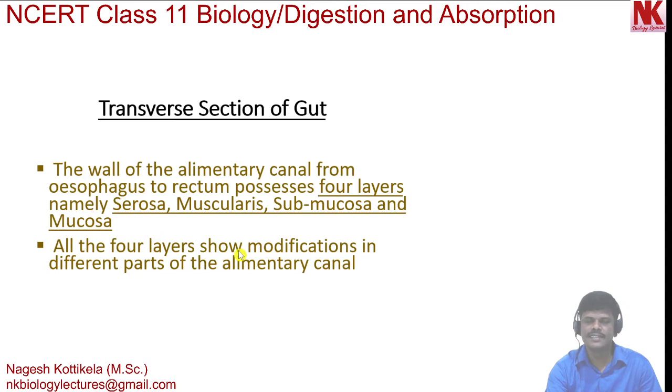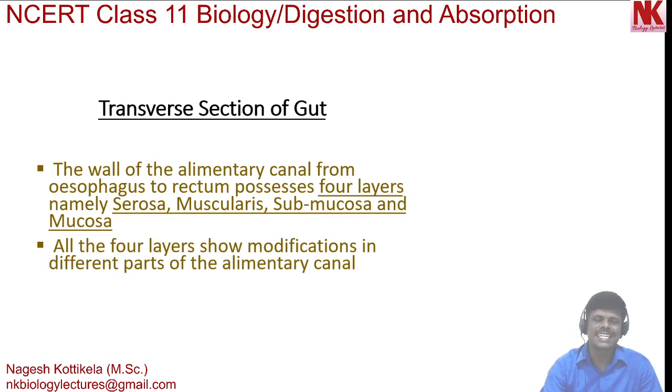All the 4 layers show modifications in different parts of the alimentary canal. These modifications are helpful in the process of digestion of complex food materials into simple absorbable units and also absorption of simple nutrients into bloodstream.